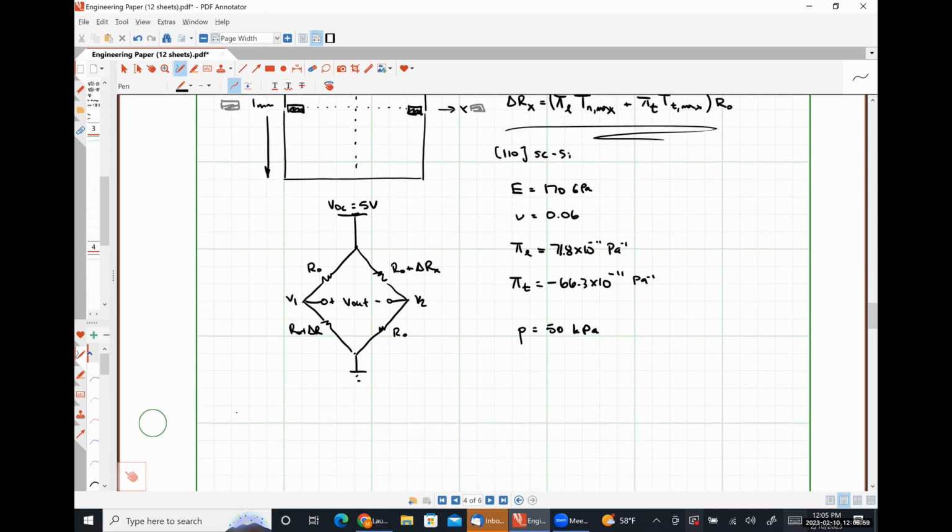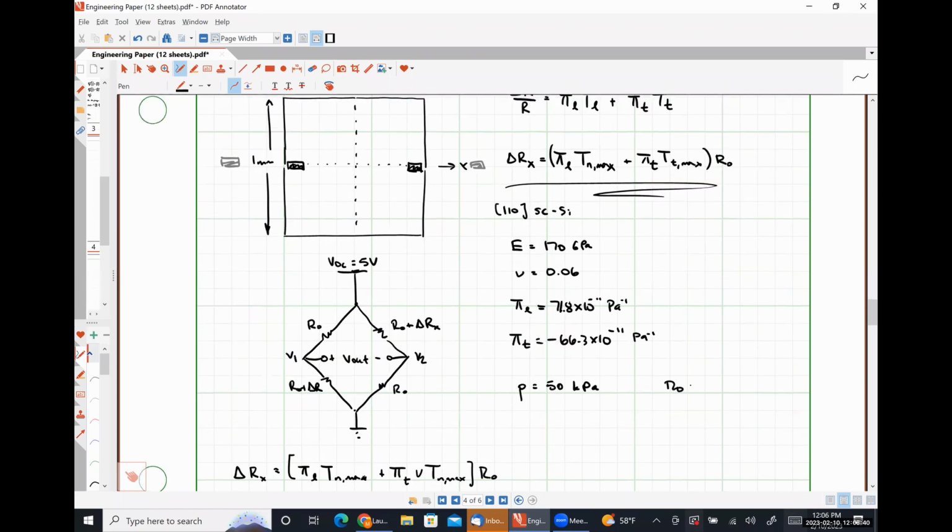So delta Rx is our piezoresistive coefficient in the longitudinal direction times our maximum normal stress plus our piezoresistive coefficient in the transverse direction times Poisson's ratio times our maximum normal stress, times our nominal resistance of R naught, which I don't know that I gave you, so let's call it 10 kiloohms, just so that we have some frame of reference here, right?